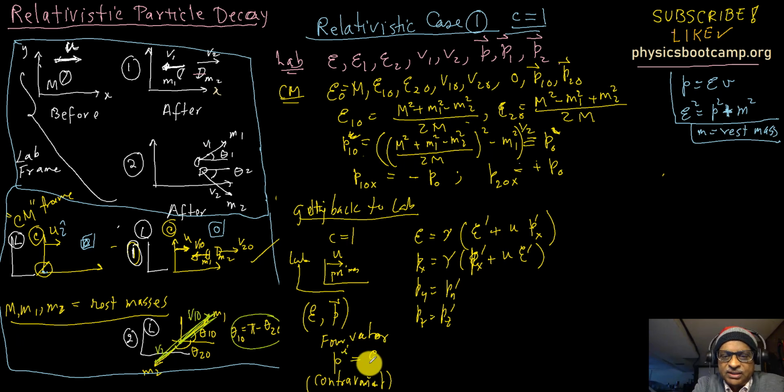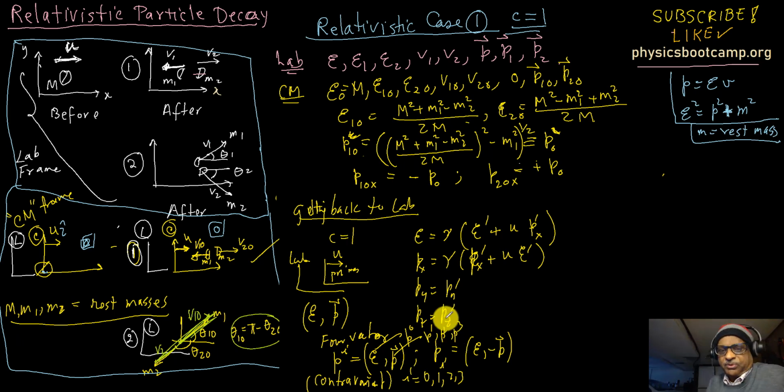So this is denoted as (E, P), and then there is another called covariant, with the index down, and we write (E, minus P) for that. And i goes from 0, 1, 2, 3. So this is P0, and this one is P1, P2, P3.